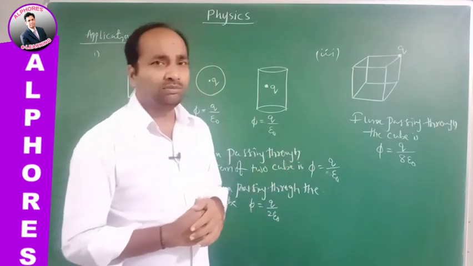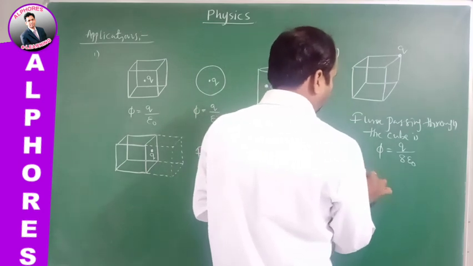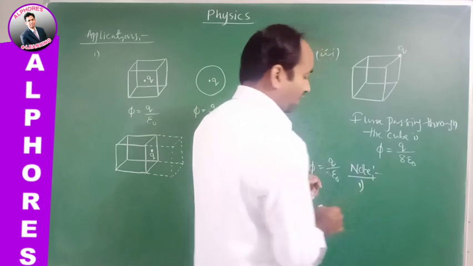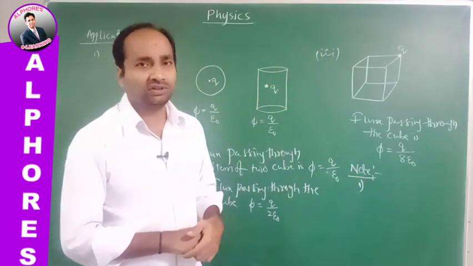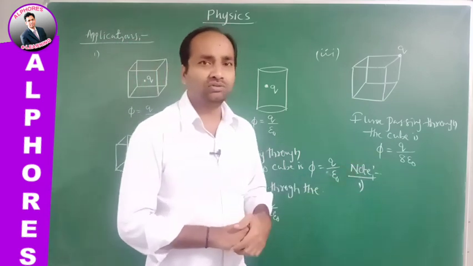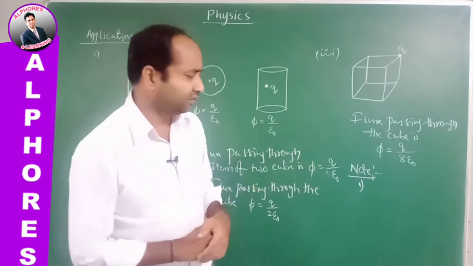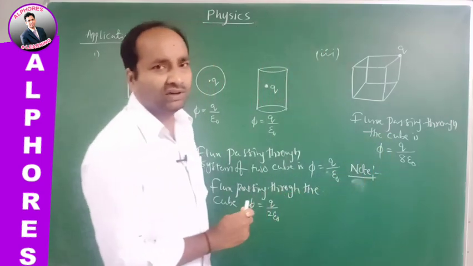Okay, and remember it always, note: flux entering into the surface is always taken as negative. Entering flux is negative, leaving flux is positive. For example, here the flux entering into a surface is phi 1.